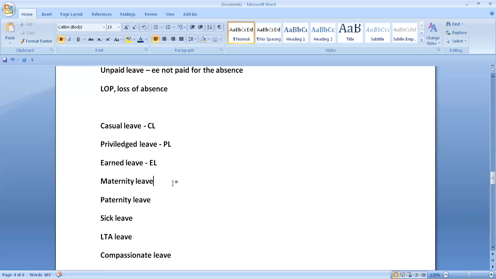Maternity leave, ML. In India, according to the rule, it is 12 weeks, but companies give more than 12 weeks as a benefit, company specific. But as a rule, it should be a minimum of 12 weeks. The maximum is whatever the company gives as a benefit.